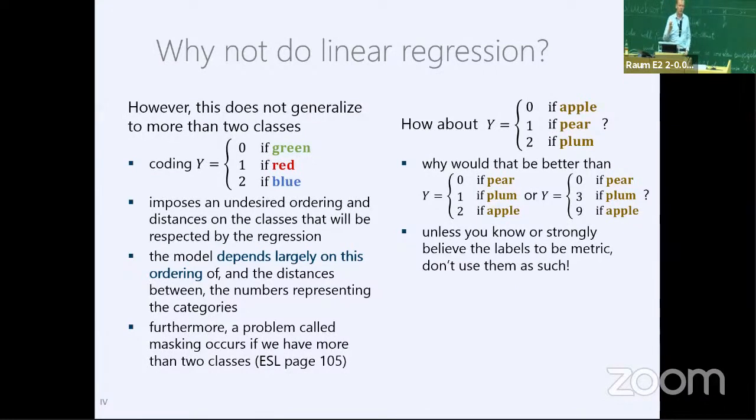Now, the problem is, the moment that we have more than 2 classes, let's say we have 3, the simple linear regression trick starts to break down. Because we would need to give a number to each of the individual classes. And the whole point of classification is that we have just categories. They're not ordered per se. There are no distances between them, because then it's a regression problem. So we can say 0 is green, 1 is red, 2 is blue, but why not make 1 blue and 2 red, or any other permutation?